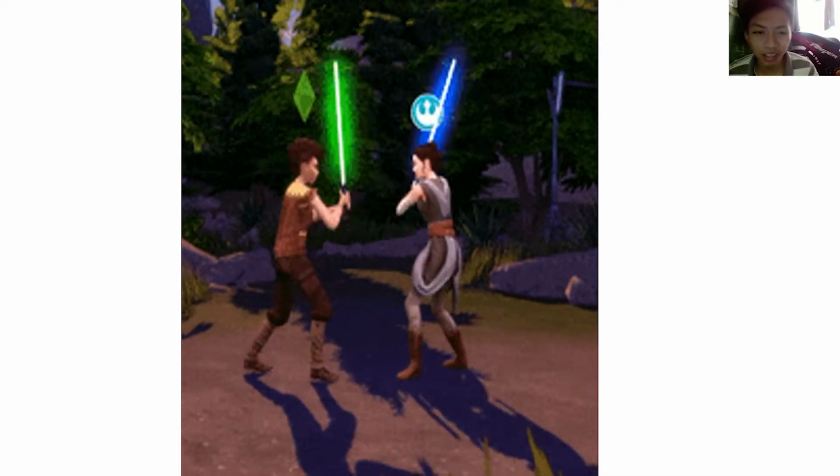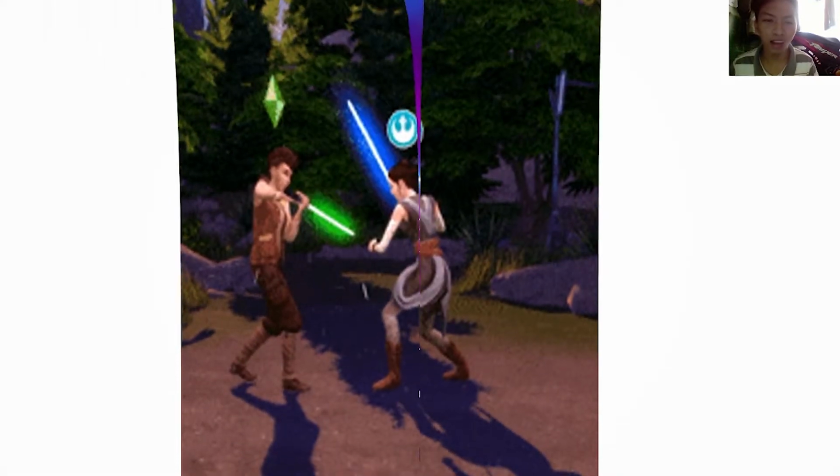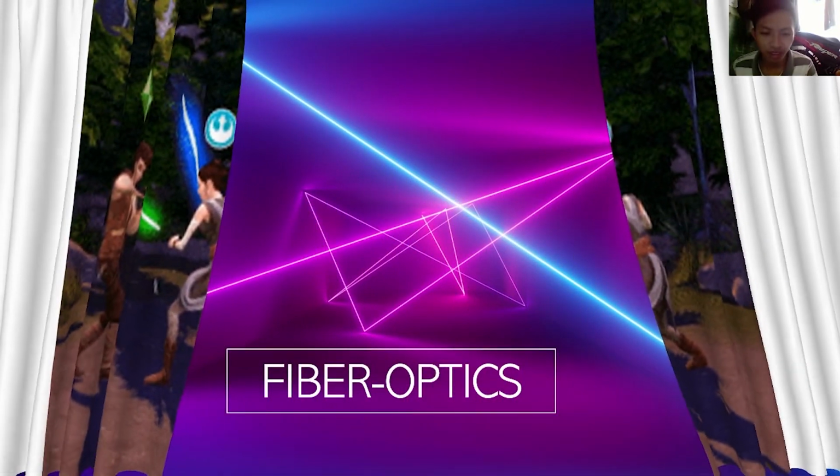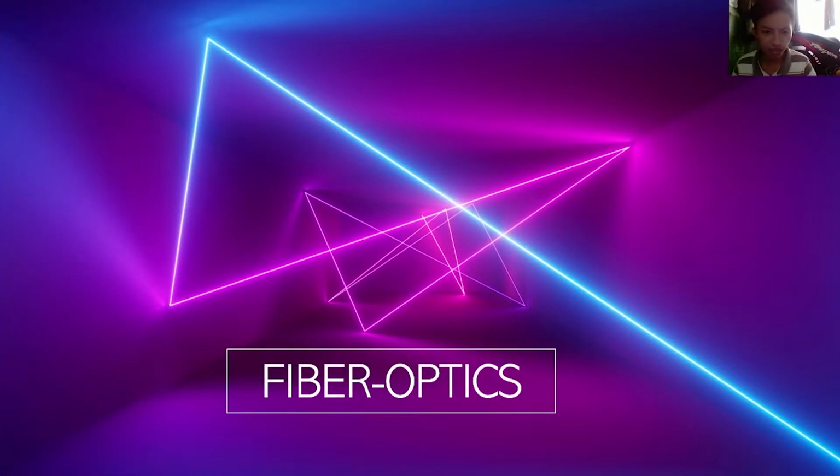Hello everyone. So today we're going to talk about fiber optics. Fiber optics is a very important topic since it allows us to have faster transfer of information, and also higher bandwidth of communication.